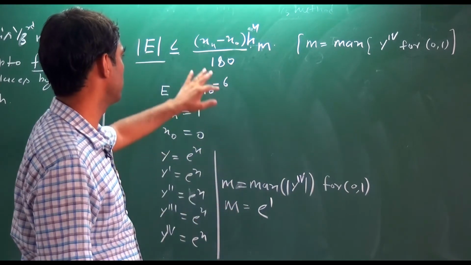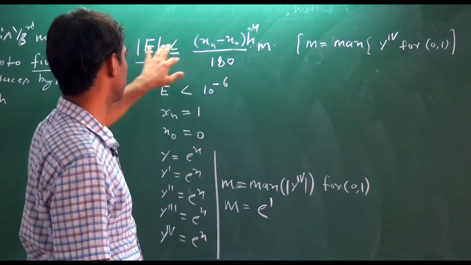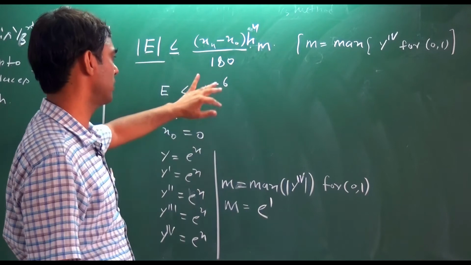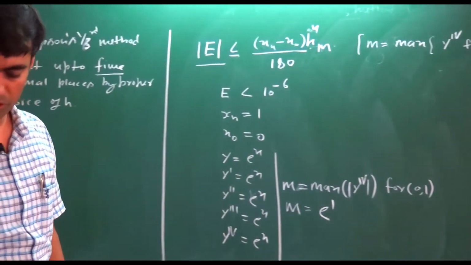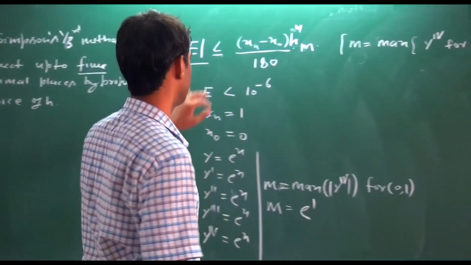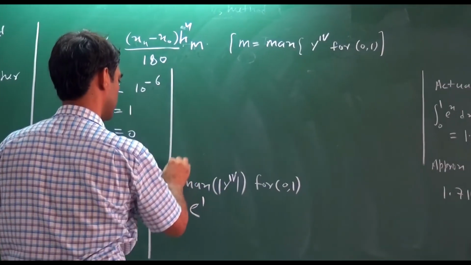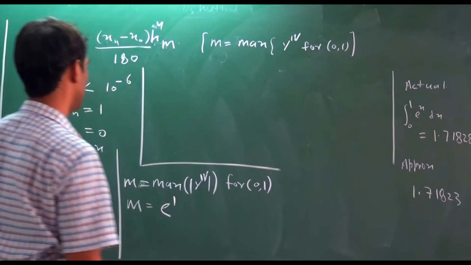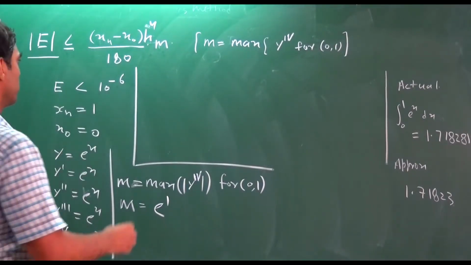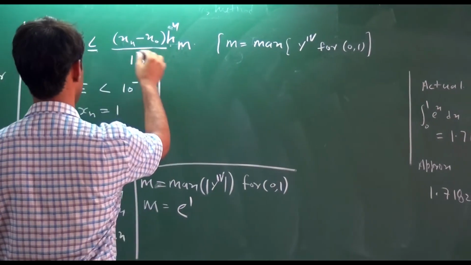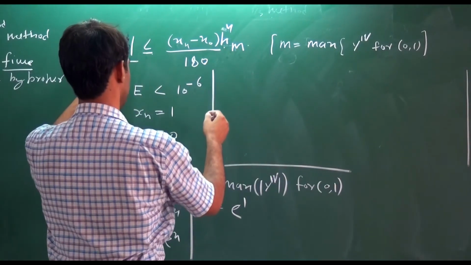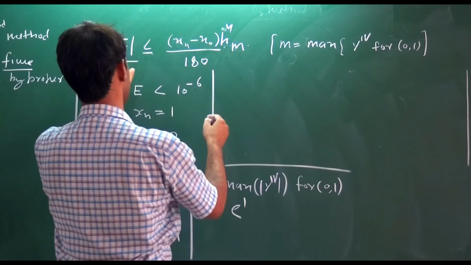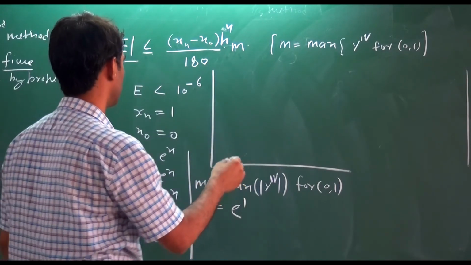Now we are able to find the value of m and the value of E. E is 10 to power minus 6, and x and x0 we have. So we are able to find the value of h. Now how do we find the value of h? We put all the values. Here we write E must be less or equal to 10 to power minus 6.